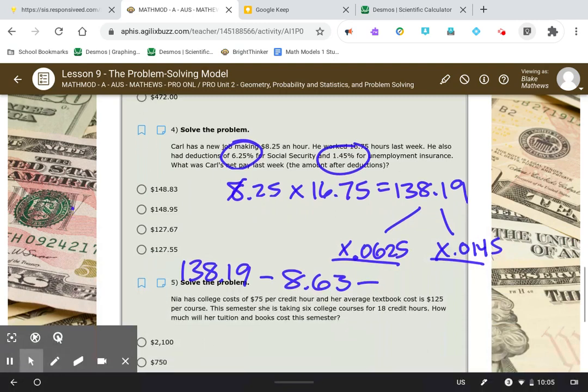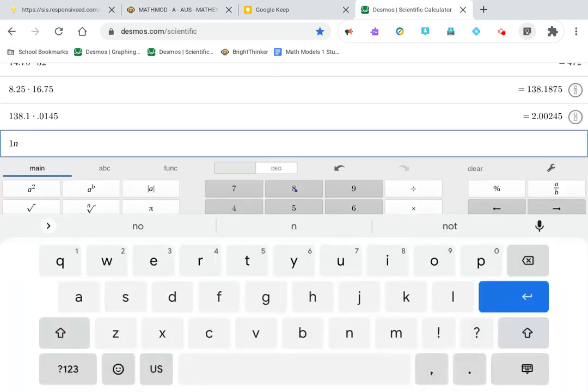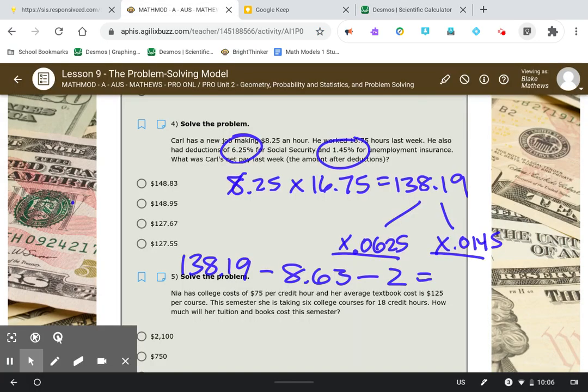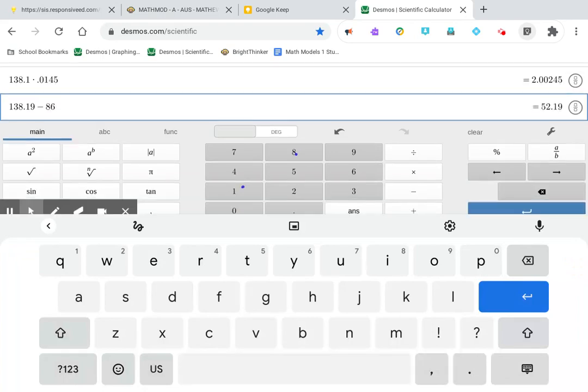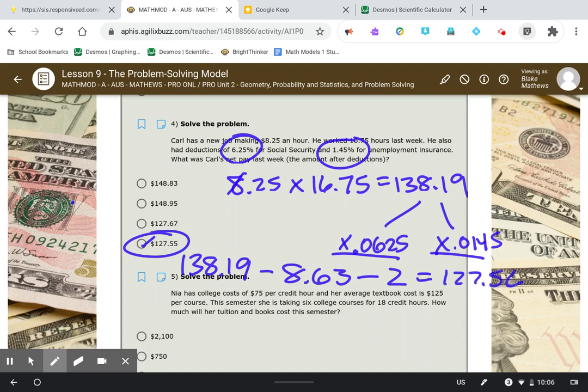So we have $2 there. So when I subtract those finally, 138.19 minus 863 minus 2. We get 127.56 or 55. That's the closest answer right there. 127.56, which is closest to that answer choice there.